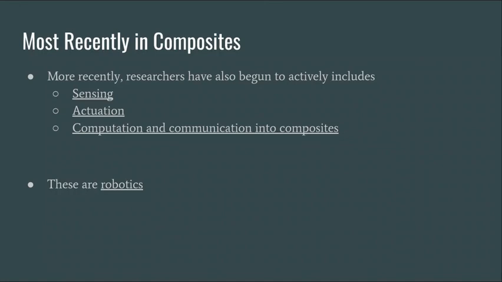It is easier and quicker for a robot to make a composite than a human. You're going to read an article on how it is better for a robot to make a composite, but you also now know that a robot is a composite.